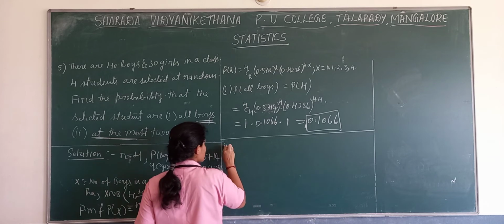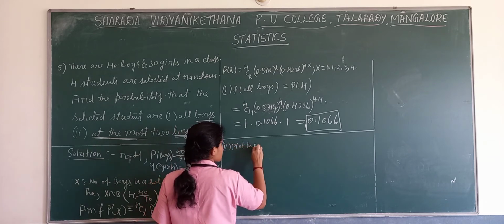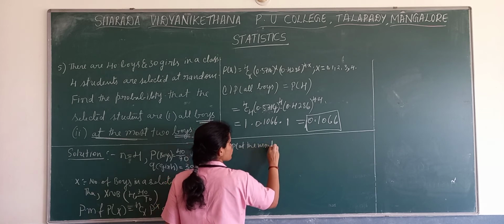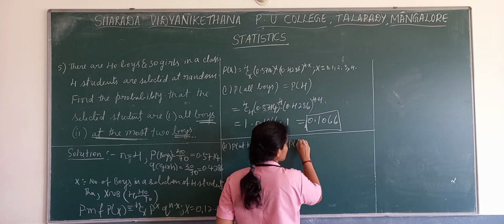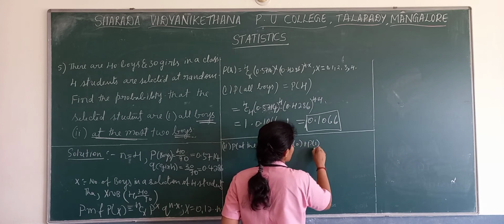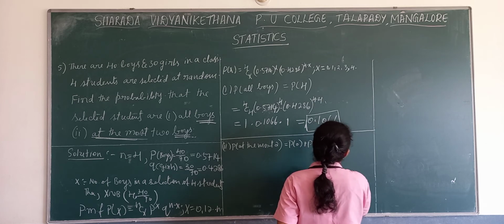at the most 2. So P of 0 plus P of 1 plus P of 2.